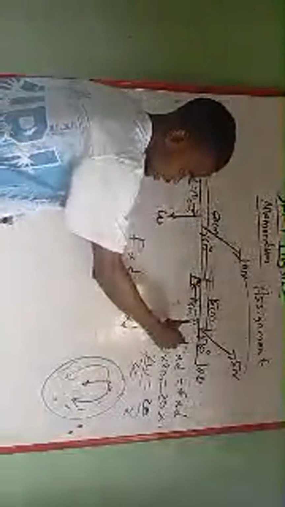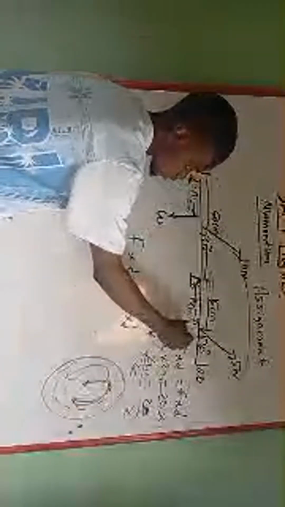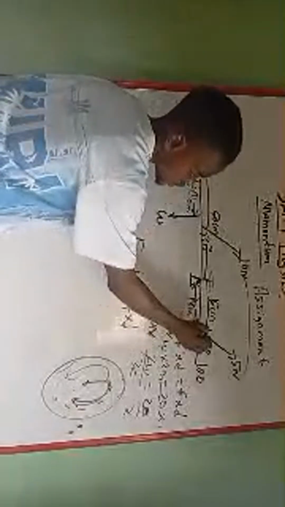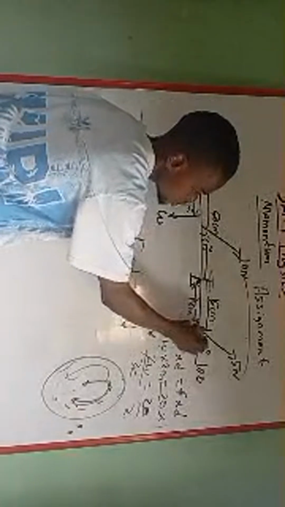Remember that clockwise will be moving like this, following the hands of the clock as it is ticking, while anti-clockwise will be moving like this. So if you look closely, this one is going like this, which is what? Clockwise.